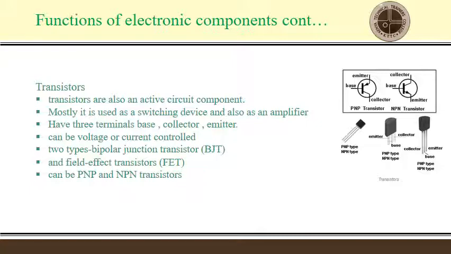The BJT and FET can further be grouped into either PNP or NPN transistors. On the right hand side of our slide, we have the circuit symbols for the PNP and NPN transistors, as well as photos of what a real-life transistor looks like.